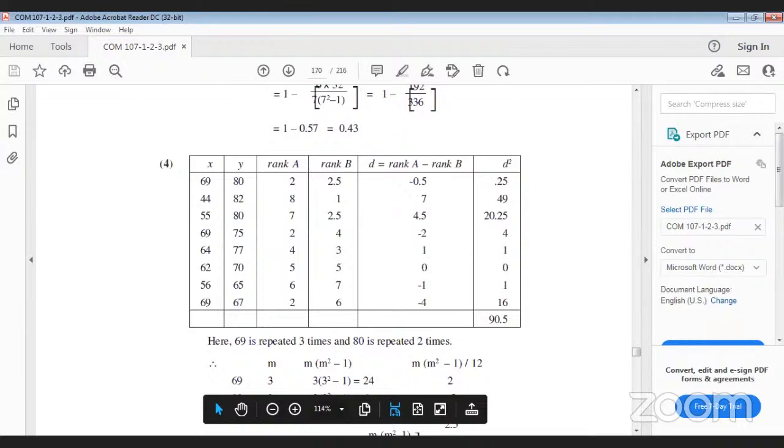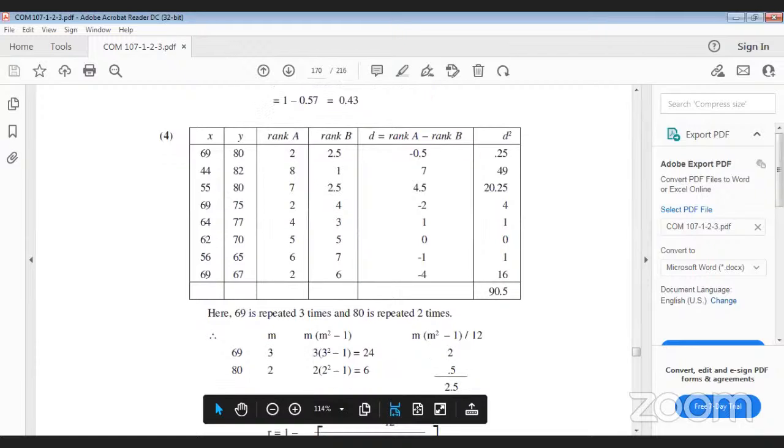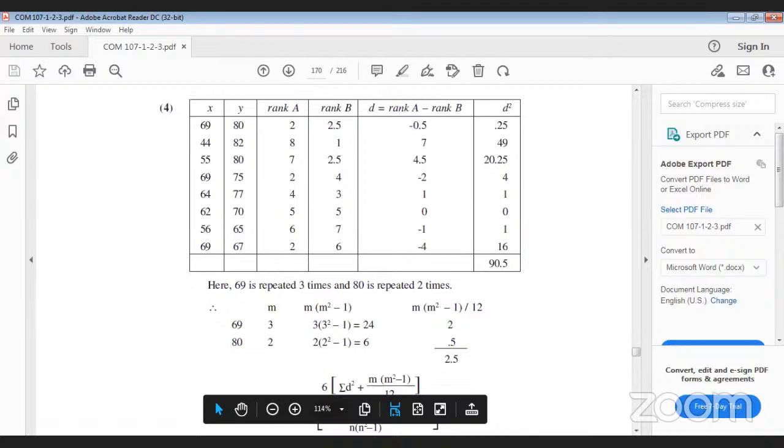For 69 repeated 3 times, 3 into 3 square minus 1, that means 3 square 9 minus 1 is 8, and 3 into 8 is 24, divided by 12 gives 2. Then for 80, 2 times here, 2 into bracket 2 square 4 minus 1, 3, 3 into 2 is 6, divided by 12 gives 0.5. So the total is 2.5 here.